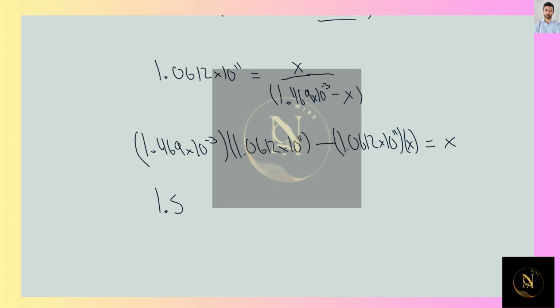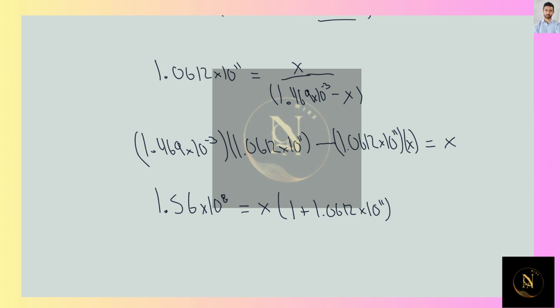This is 1.56 times 10 to the 8, and this is going to be equal to x times 1 plus 1.0612 times 10 to the 11.